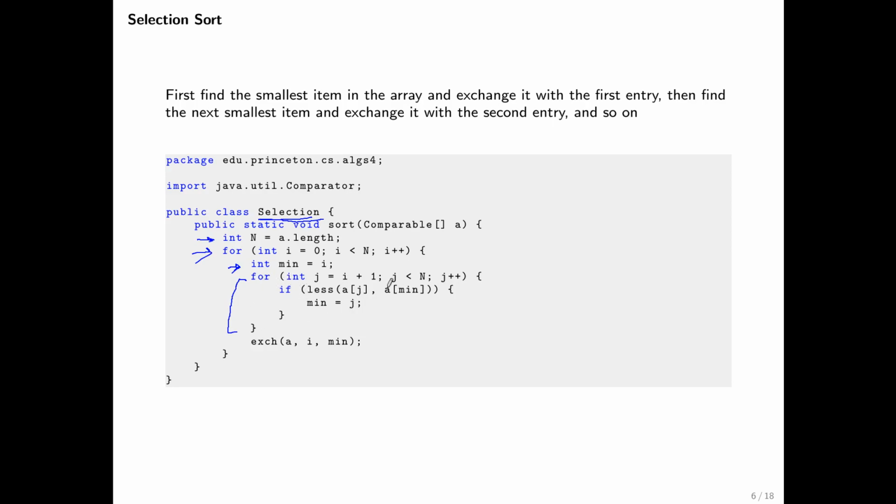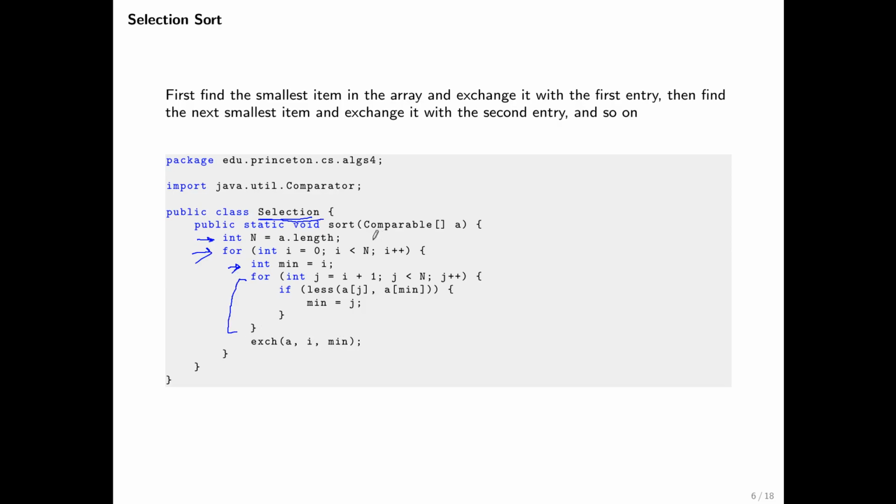And once the inner loop is done, we have managed to find the smallest element in the array starting at index I plus 1. And then outside of this inner loop, we simply exchange the values at indices I and min in the array A. So the smallest element takes the place of index I, right?